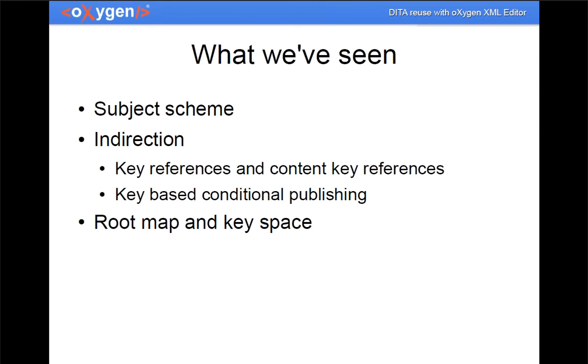We've seen what indirection means and how you can use it to create references and content references, how you can achieve conditional publishing just through indirection. And we've also introduced the concepts of a route map and a key space, and how those affect you while working in oXygen.